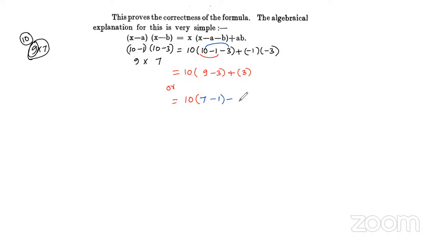You can take this, and plus 3 we are writing. So 9's deviation will be minus 1, 7's deviation will be minus 3. And Swamiji was taking cross subtraction or cross addition. You can see this is 9 minus 3 you are getting here, and this is 7 minus 1 you are getting here.